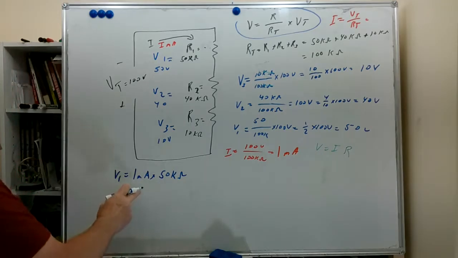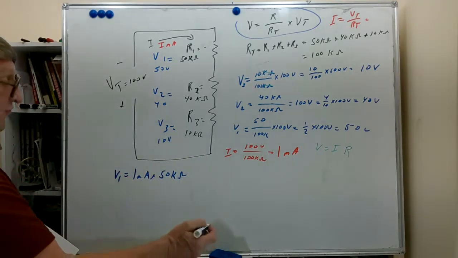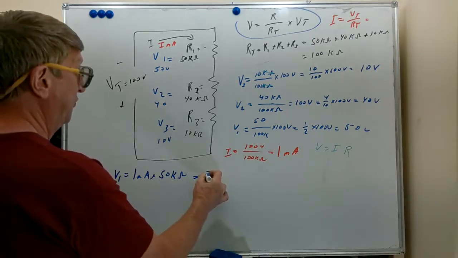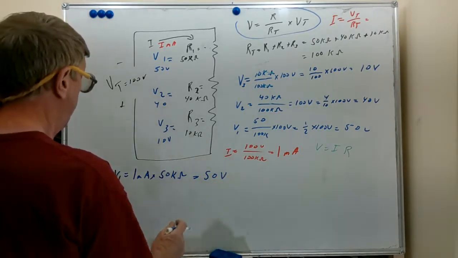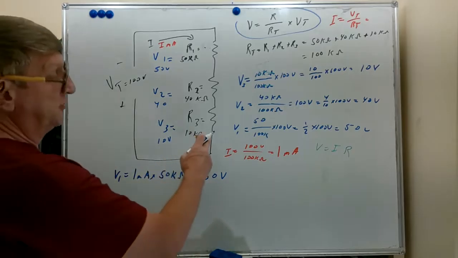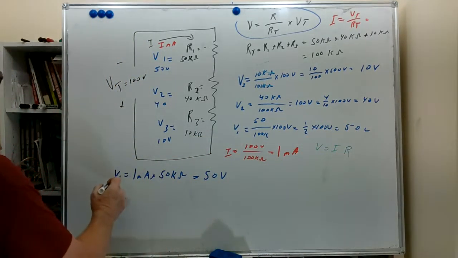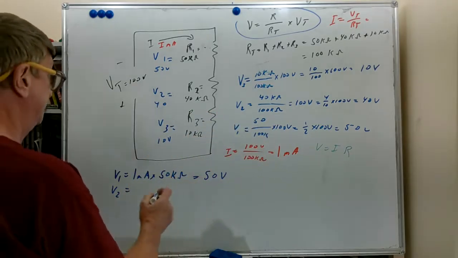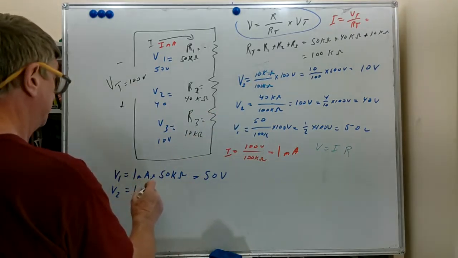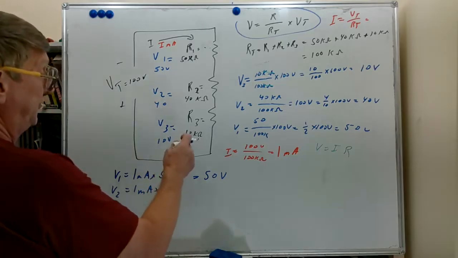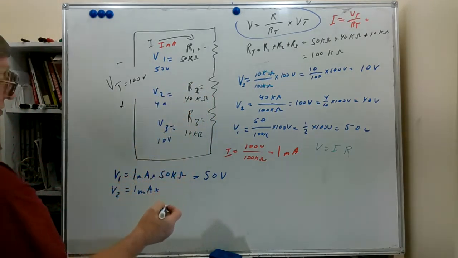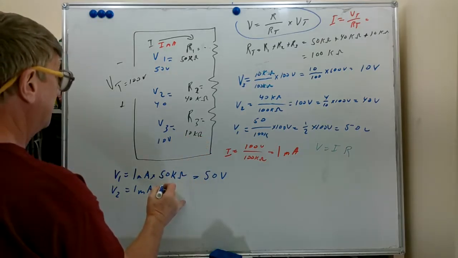And we've talked about before that milliamps times K ohms gives us volts. Well, 1 times 50 gives us 50 volts, and you notice this is the same value that we got here. V2 is the same 1 milliamp times a different resistance, which is R2. We're looking for the voltage across R2, we call it V2, and it's 40K ohms.